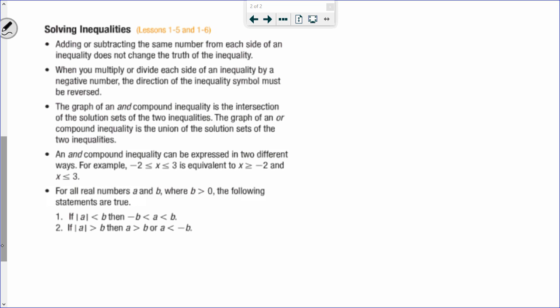Graphing inequalities on a number line: what's an open circle? What's a closed circle? Open circles are with strictly less than and strictly greater than. Closed circles are less than or equal to, greater than or equal to. Also, what direction those arrows are going. Check to make sure that we've graphed it correctly by plugging in a value to the inequality. So those are just the main takeaways from solving inequalities.